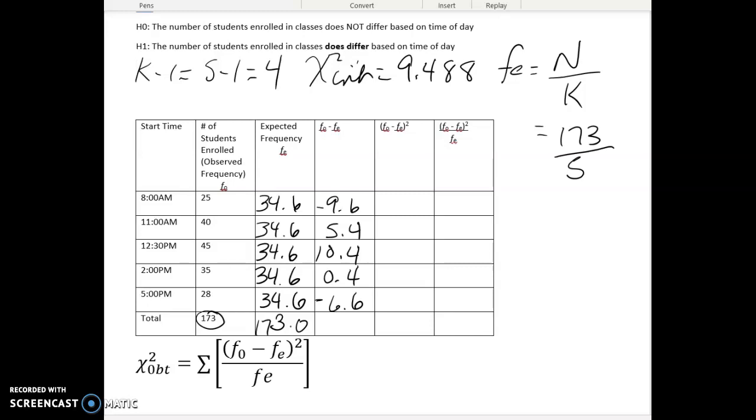Okay, so now in order to do the next step, we need to take the square of the difference between the observed and the expected frequencies.